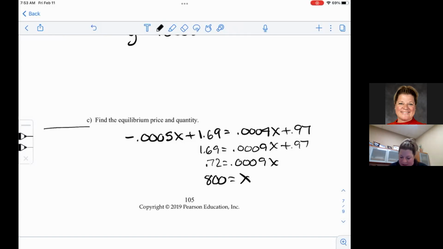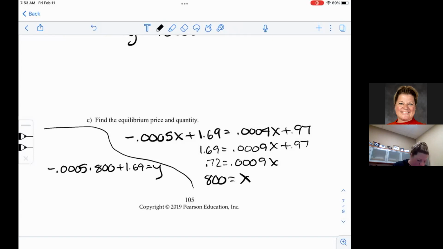So I have a little room over here. I'll just do it over here. So I can put it back into this one, negative 0.0005 times 800 plus $1.69 equals our y value. Okay, so I'm just going to plug that in my calculator. Negative 0.0005 times the 800 plus $1.69 is $1.29.